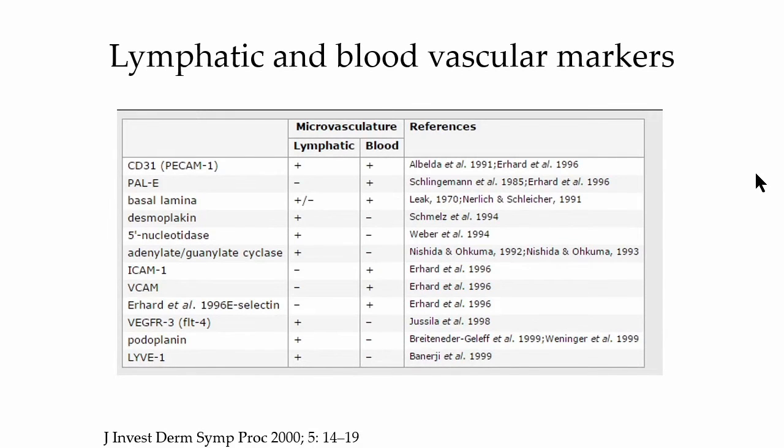At the end of this story, because lymphatic endothelial cells, in fact, are different than blood vascular endothelial cells, they have different surface markers that largely reflect the differential in function between this kind of endothelial cell and a blood vascular endothelial cell.